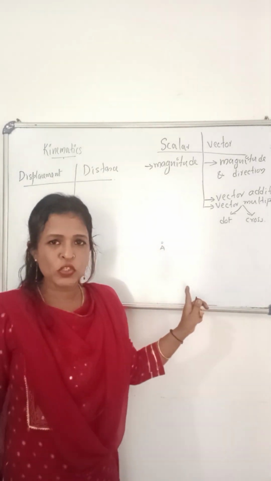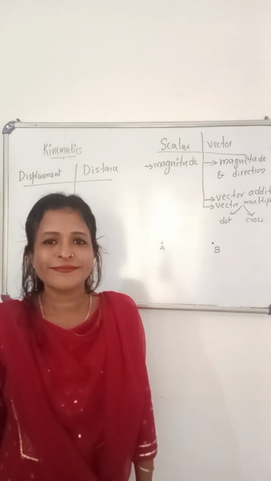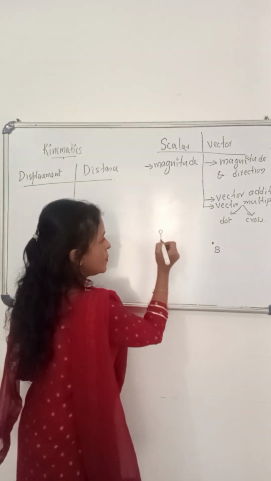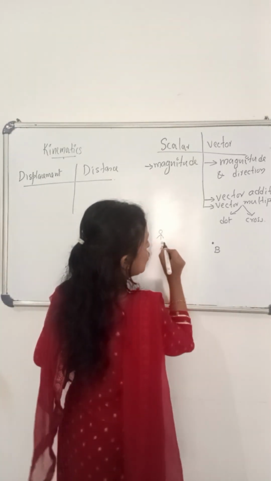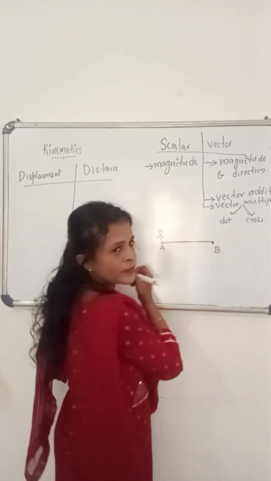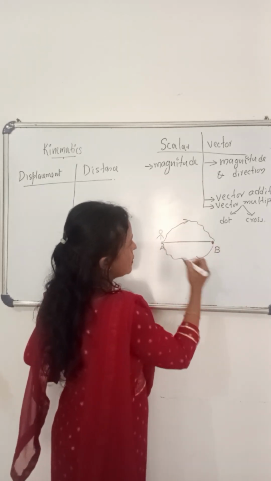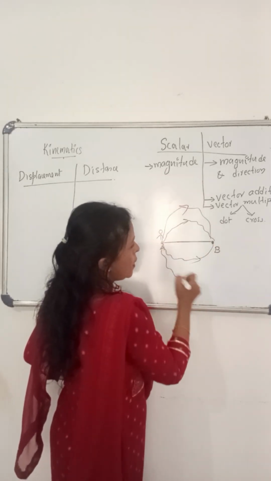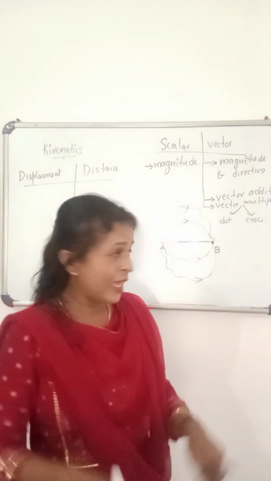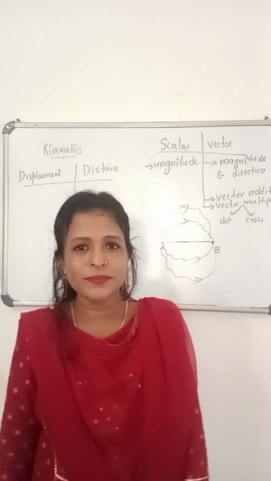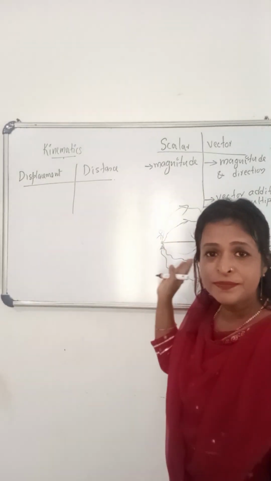This is the initial position and this one is the final position. One man can move in a straight line. He can move through this path, this path, this path, this path, any path he can choose. And he can choose this straight line. If this man is an ideal man, he will choose this straight line.